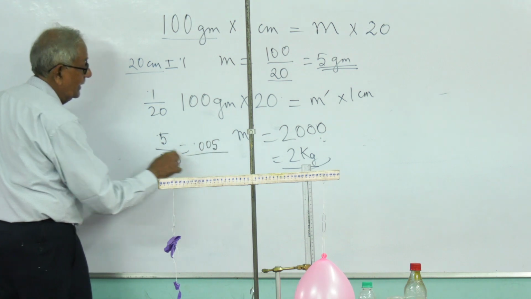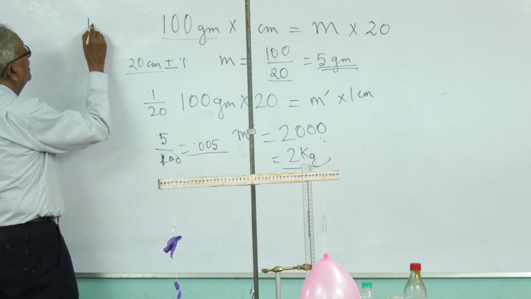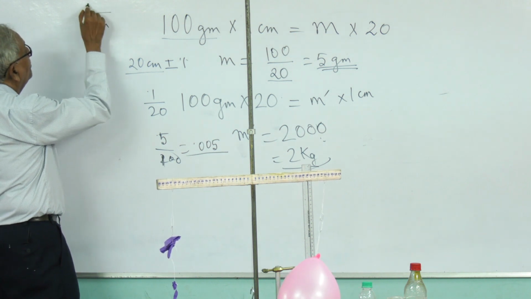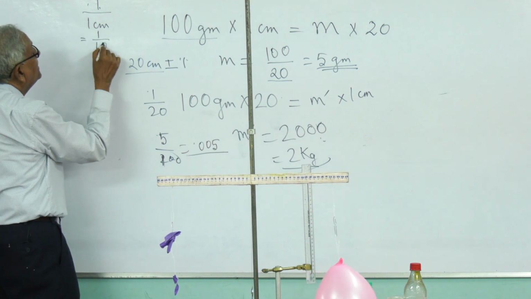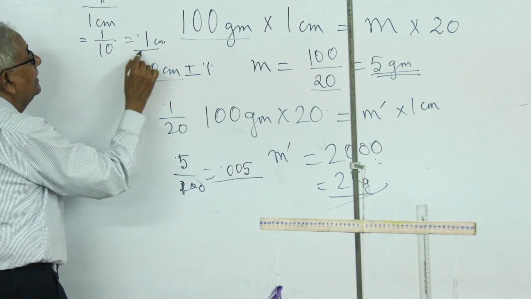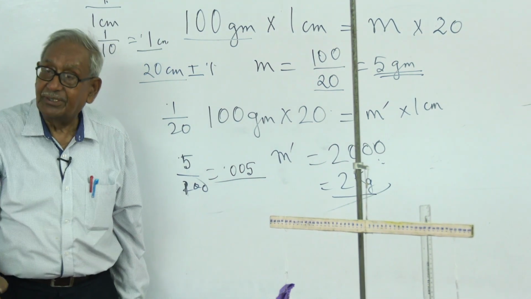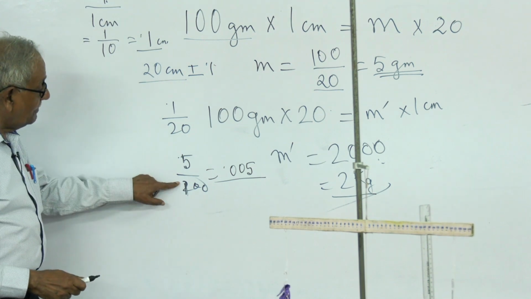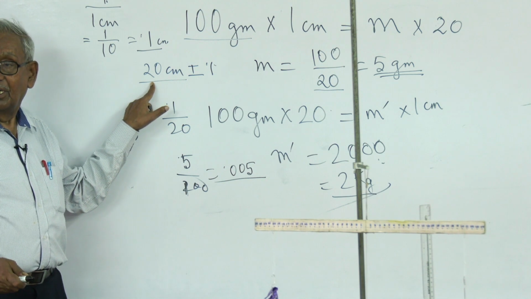0.005. But in the other case, if in 1 centimeter we have an error of 0.1, that means if I make it 1 divided by 10, the error is 1 centimeter. That means we have an error of 0.1 centimeter in 1 centimeter, and here we have an error of 0.005 centimeter in 20 centimeter.